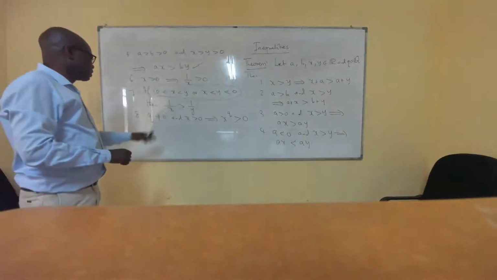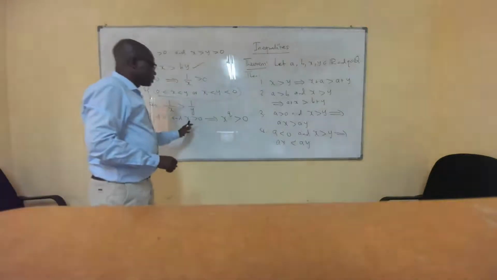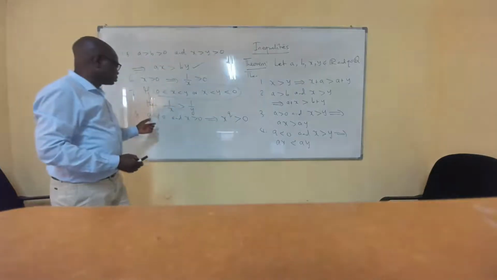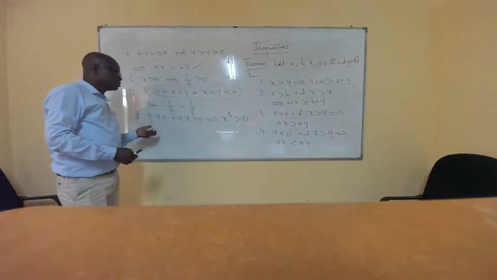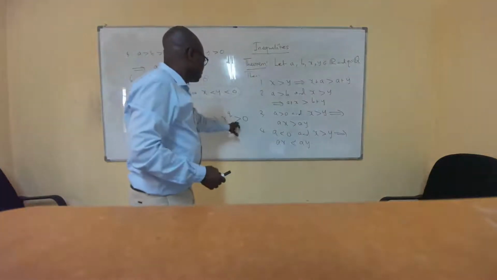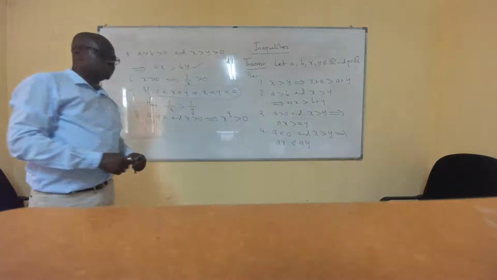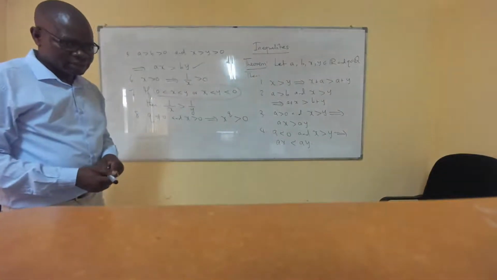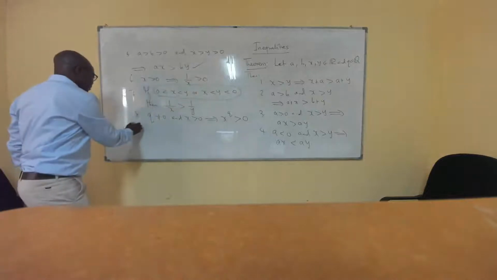We don't expect that when you raise this positive number to either a negative rational number or a positive rational number, the sense will change. It should still remain positive. That is important.